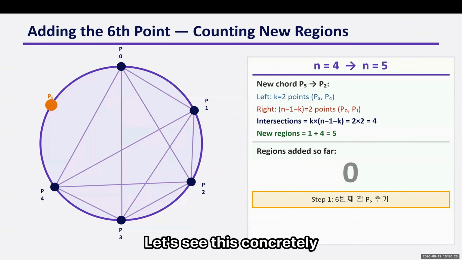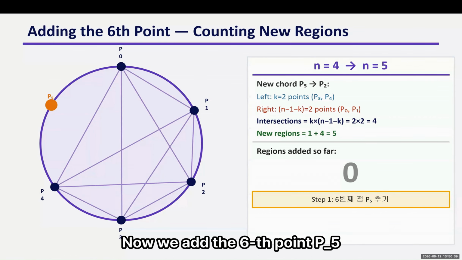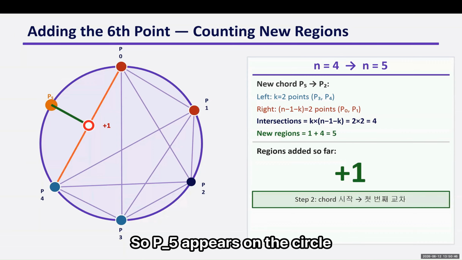Let's see this concretely. We have n is equal to 4, 5 points, 10 chords drawn, 16 regions. Now we add the 6th point, P5. So P5 appears on the circle. We connect P5 to P2.